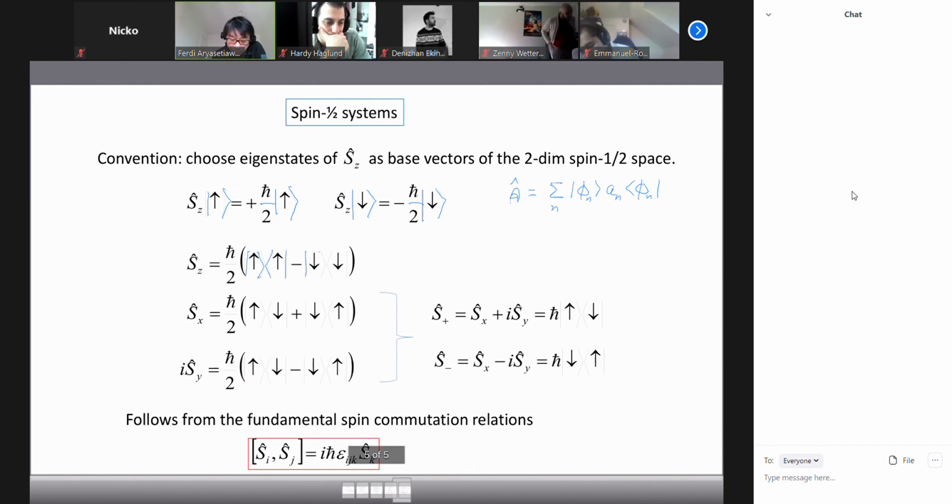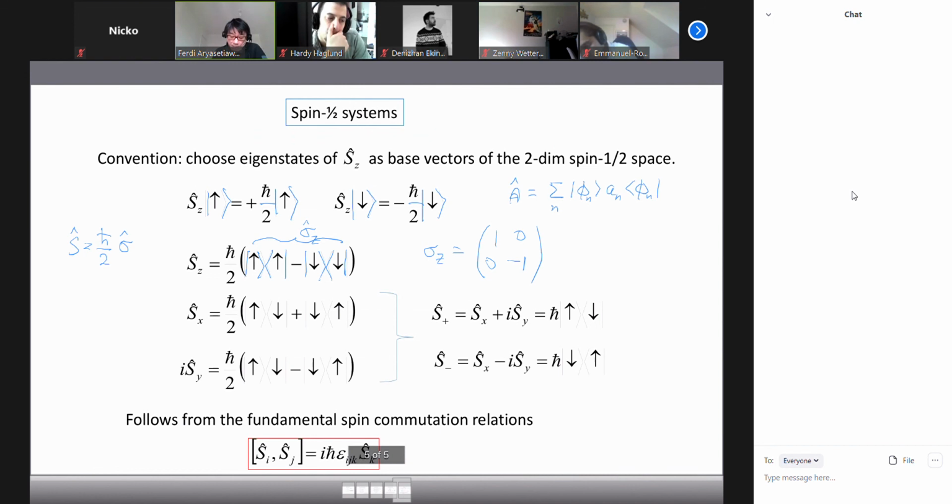So this is one way of writing the Sz. And this can usually define the Pauli operator or Pauli matrices this way. So that's my sigma. So if we look at the matrix representation of sigma z, then it will be just diagonal like that. So that gives us the Pauli matrix.